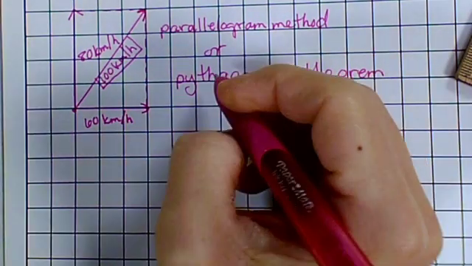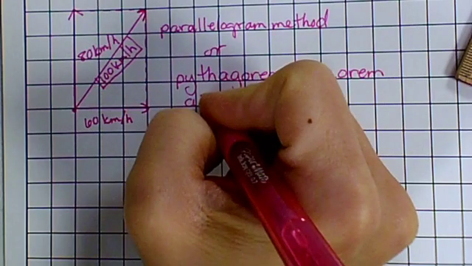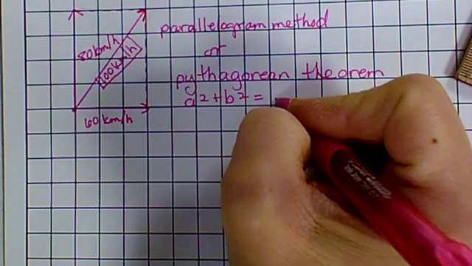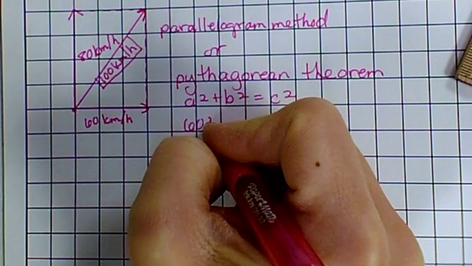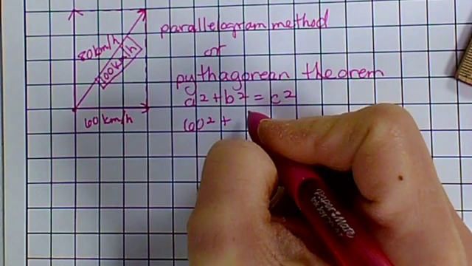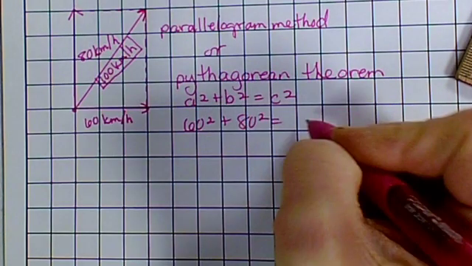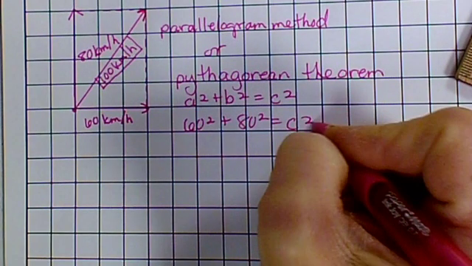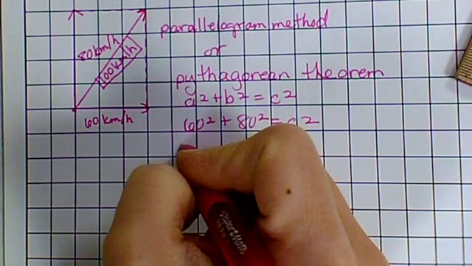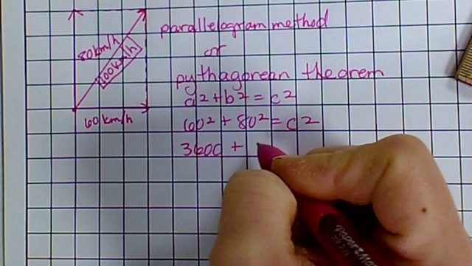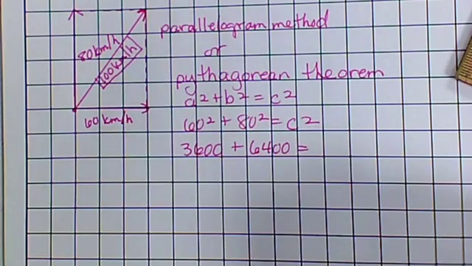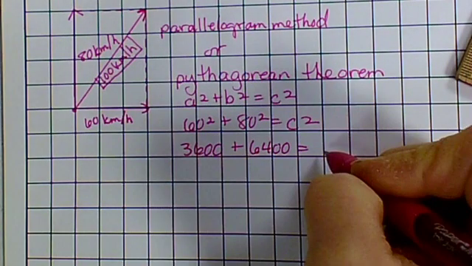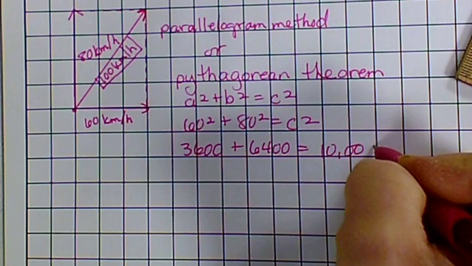Now, we can also use the Pythagorean theorem. That's a squared plus b squared equals c squared. We have 60 squared plus 80 squared equals c squared. That's 3,600 plus 6,400 equals 10,000.